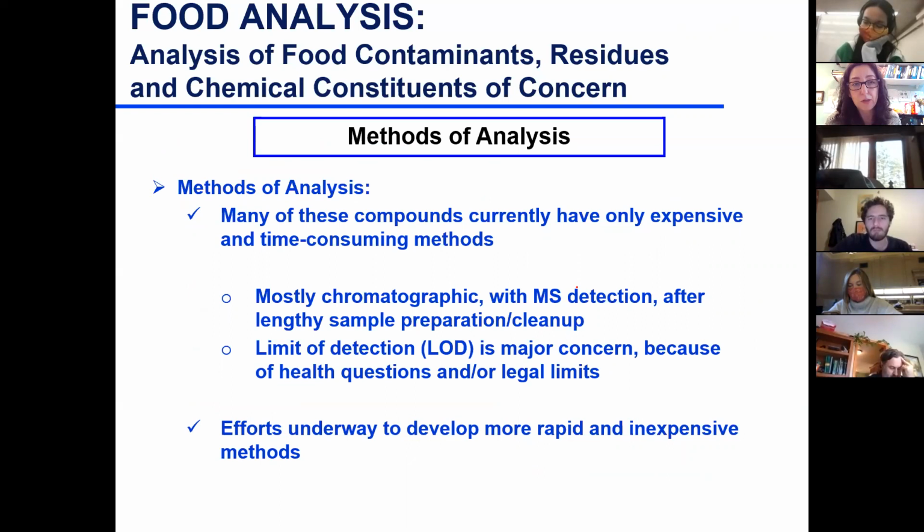There's always research into faster, more effective, and less expensive ways to analyze these compounds, looking at FTIR, for example, or IR in general, as a method for quick quantifications.